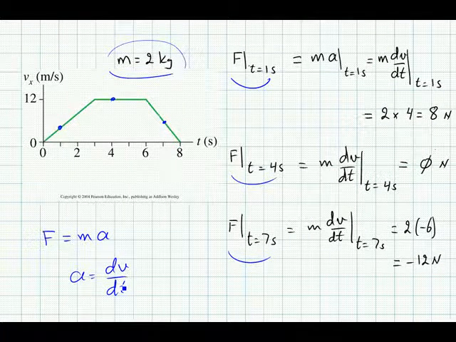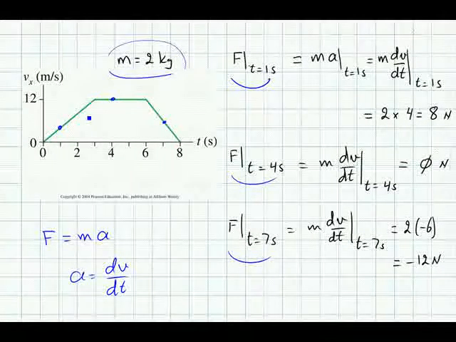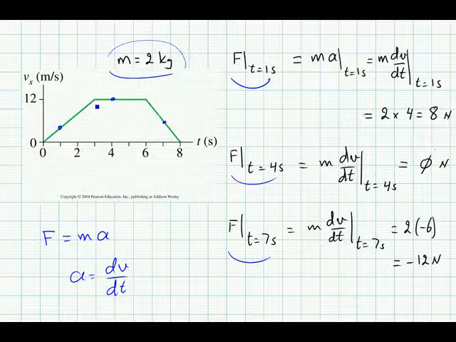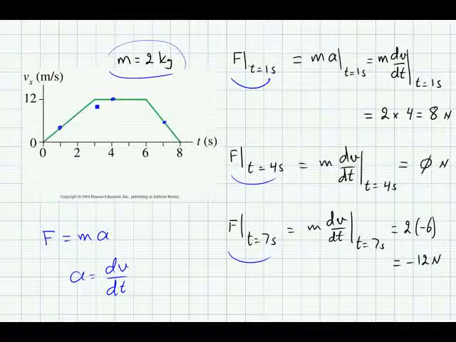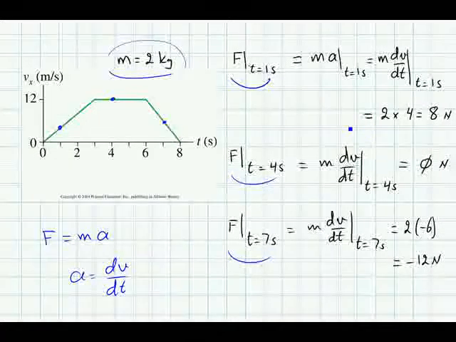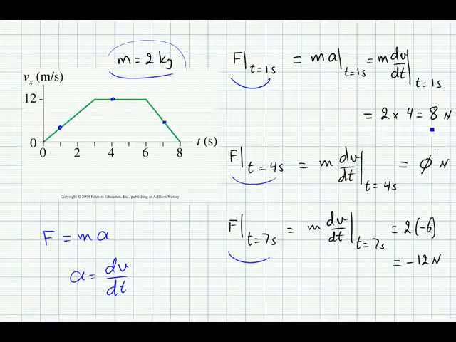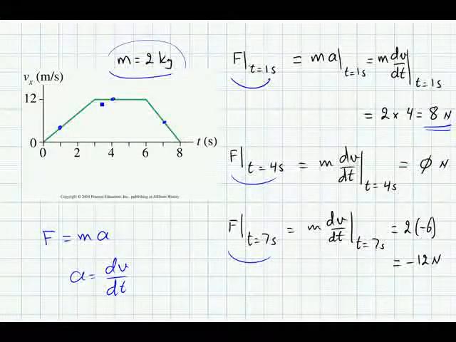those points. At t equals 1 second, we're dealing with a straight line, so figuring out the slope is a simple matter, rise over run, which gives us a slope of 4 meters per second squared, which means that the force acting on the object is 8 newtons.